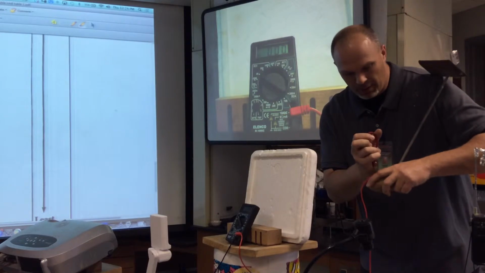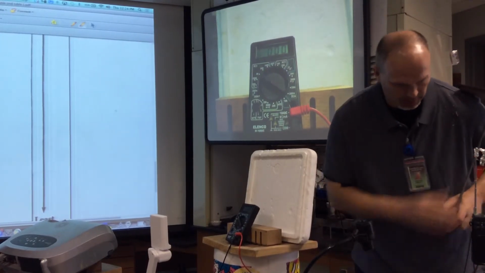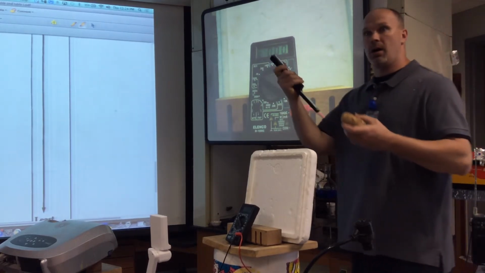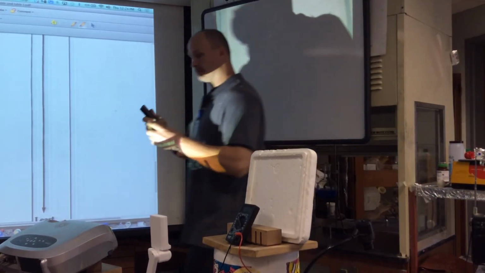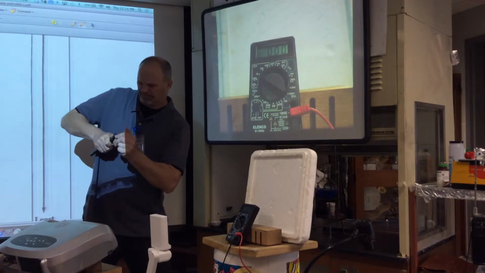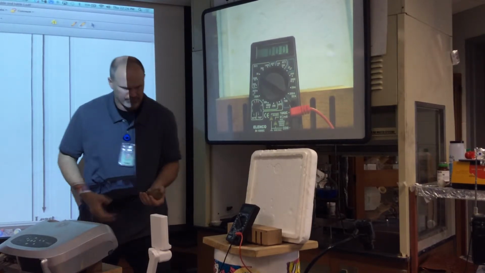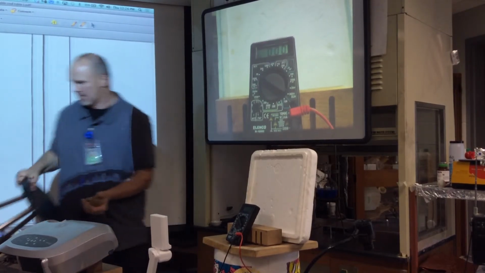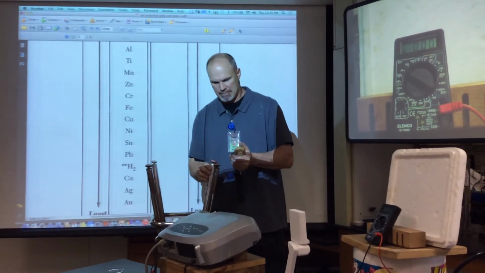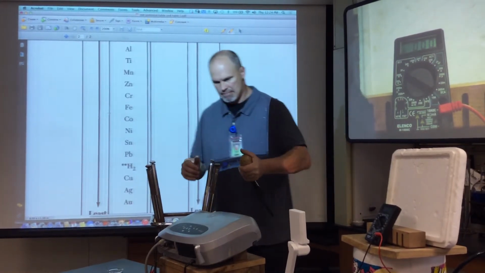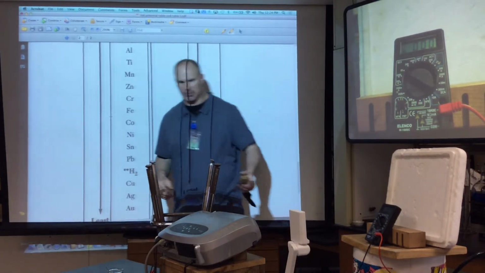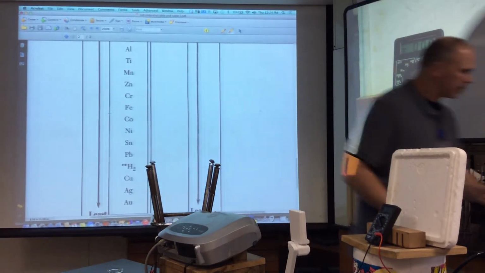Okay. What other objects could I use? This one needs to have, they have the door stoppers on these. There should be one that's broken.